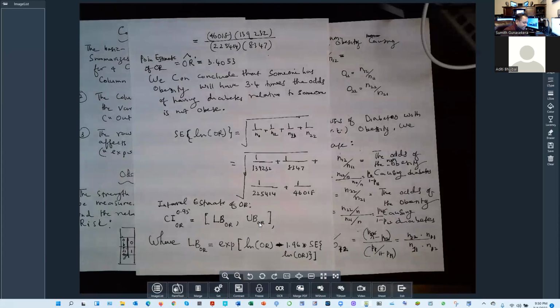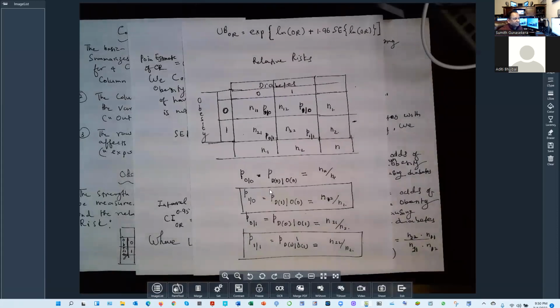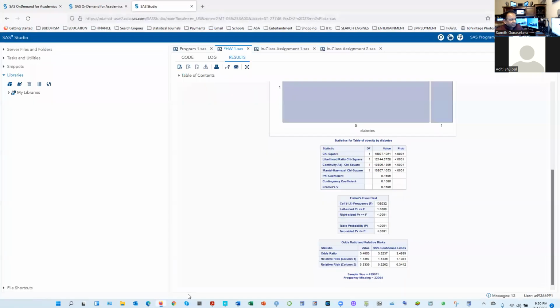This should be ln OR hat minus 1.96 times the SE of ln OR. SE of ln OR is this one. When you plug that in, you can easily get the lower and upper bounds. The upper bound is the counterpart with the plus sign.